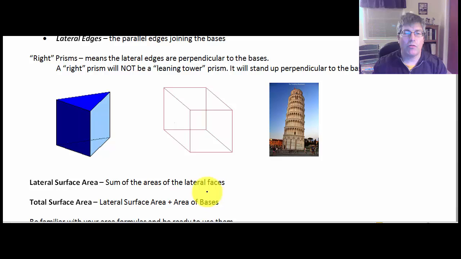And then, of course, my total surface area would be my lateral area plus the area of my two triangular bases. Okay? So you'll need to know how to calculate the area of triangles, how to calculate the area of rectangles, to calculate the total surface area of this triangular prism.